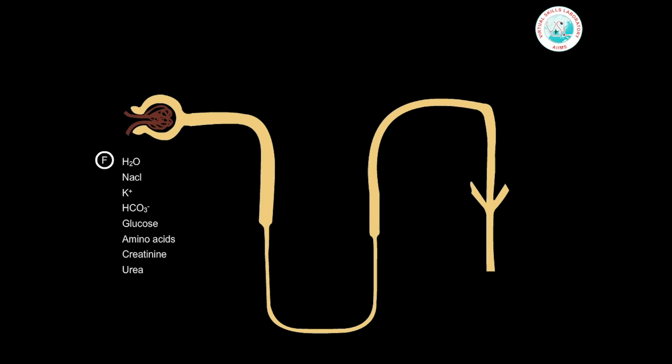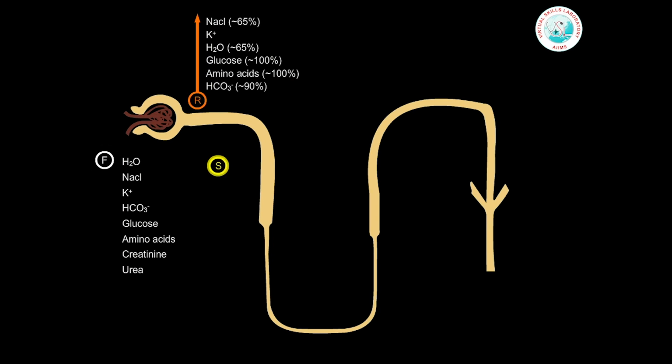Presence of any of these suggests a pathological condition affecting the glomerulus. In the proximal convoluted tubule, sodium chloride, potassium, water, glucose, amino acids, and bicarbonate are reabsorbed, and hydrogen ions, ammonium ions, uric acid, and organic acids are secreted.